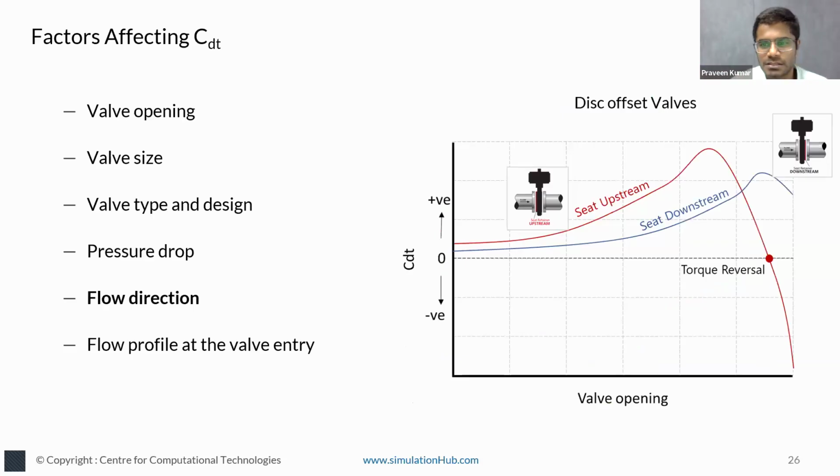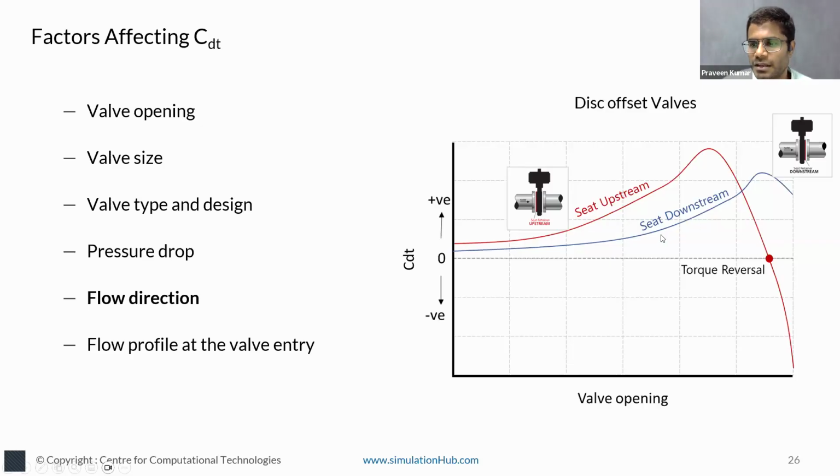And then the flow direction, as I said, for offset valves. Even within offset valves, let's say you orient the offset valve such that the seat retainer is upstream, facing the upstream flow direction. Then it will have the red curve, you can see the red curve. It will have a different curve, where the CDT value goes from positive to negative.